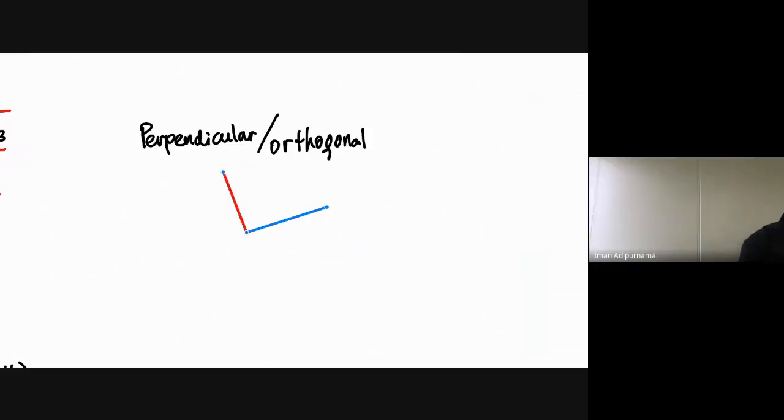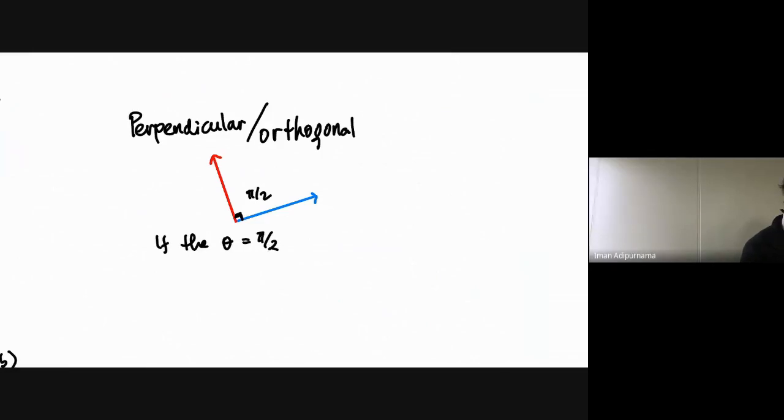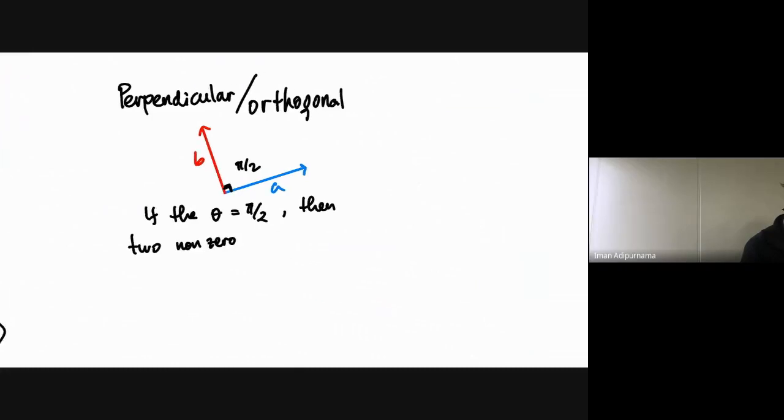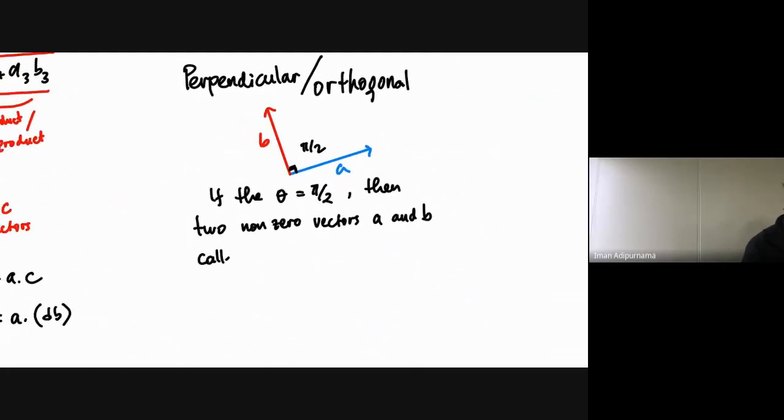So if these are two vectors, and the theta is pi over 2, so if theta equals pi over 2, let's say this is A, this is B, then two non-zero vectors A and B are orthogonal or perpendicular.